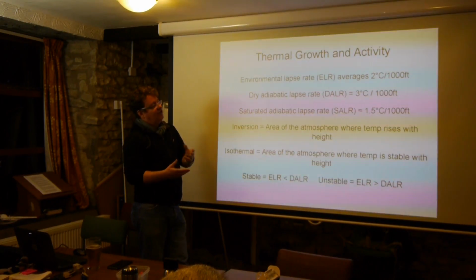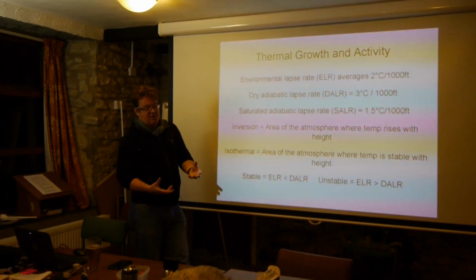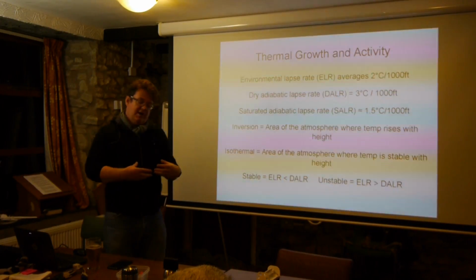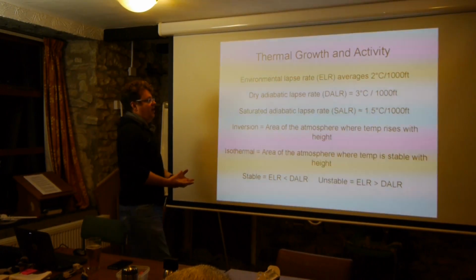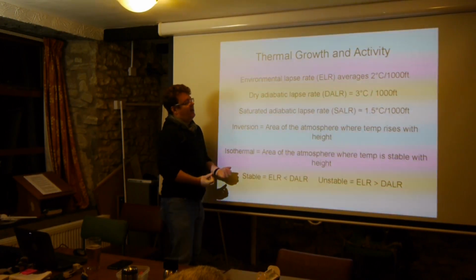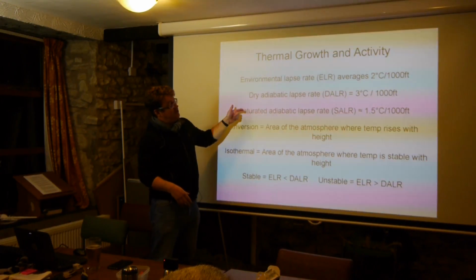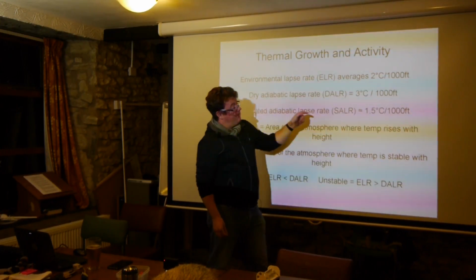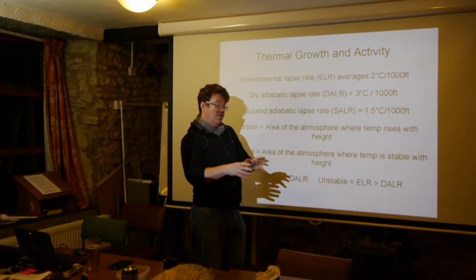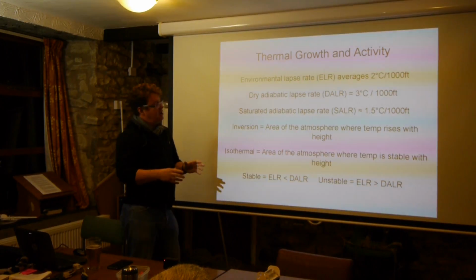there's a new process going on, which is condensation, which actually alters the balance of the lapse rate, basically. And this is called the saturated adiabatic lapse rate. It indicates the rate at which air cools above cloud base, above the dew point, and it's lower.